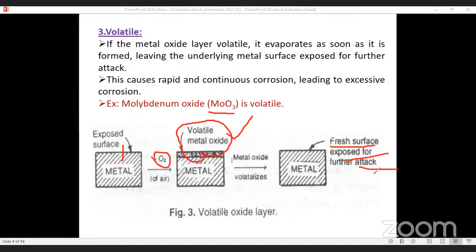Therefore, the entire metal will be exposed to the environment. The decay of the metal takes place when a volatile metal oxide formation is there, right?